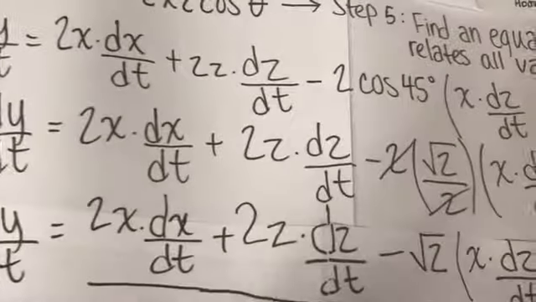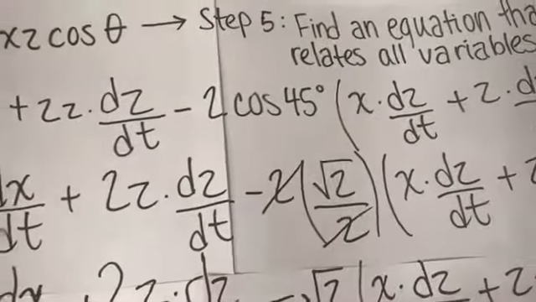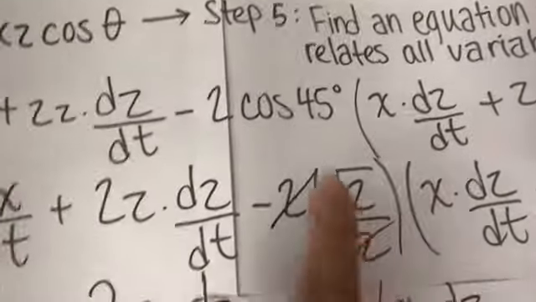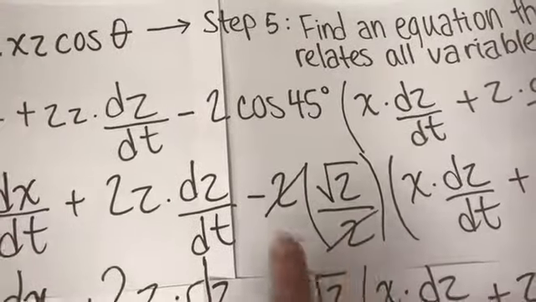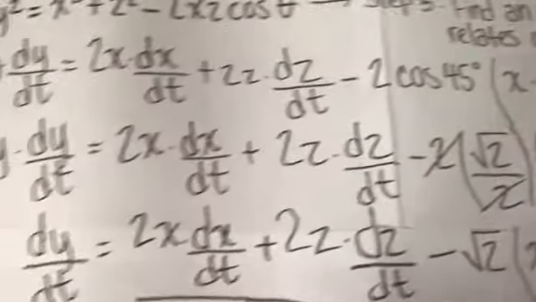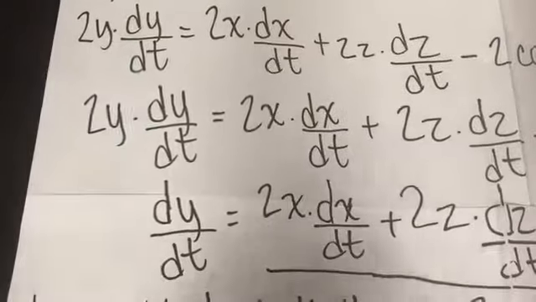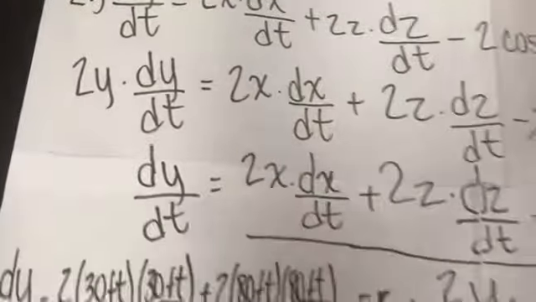Now we continue solving our problem, and here I prefer to do this step first, because we know the cosine of 45 is square root of 2 over 2. Because they are multiplying, they cancel each other. Then we continue in order to isolate the rate of change between the batter and the ball.